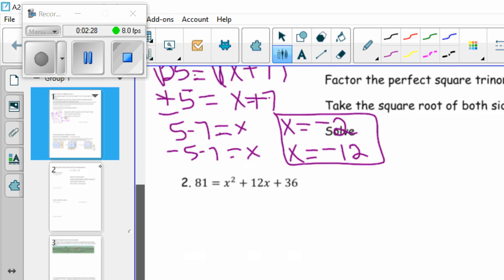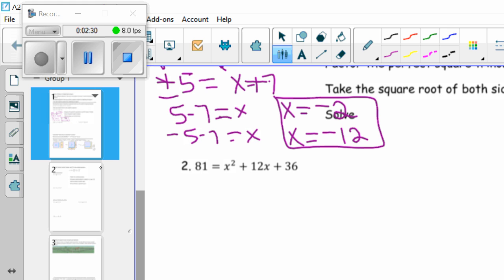So let's do a few more examples like that. Number 2, I have 81 equals x squared plus 12x plus 36. I notice that the square root of 36 is 6, and 6x times 2 gives me 12x, so this is a perfect square trinomial. So 81 equals (x + 6) squared.